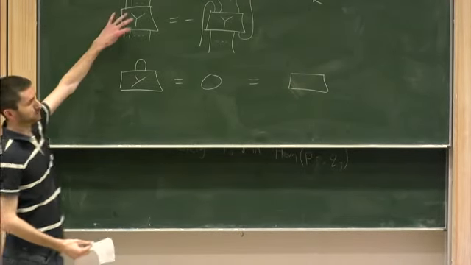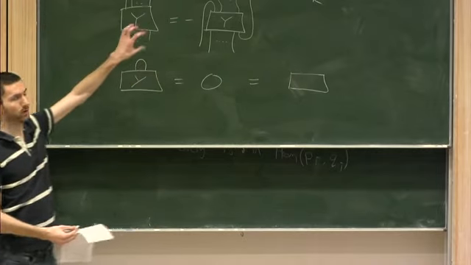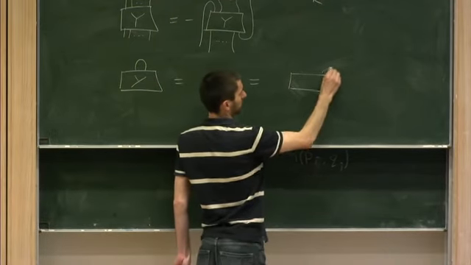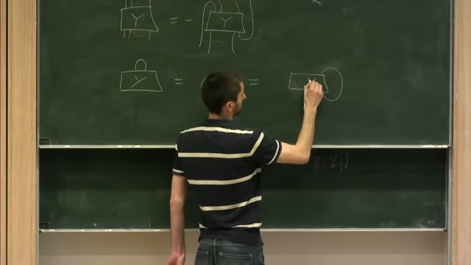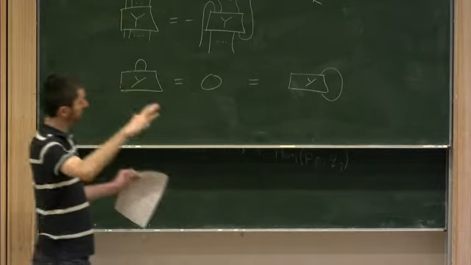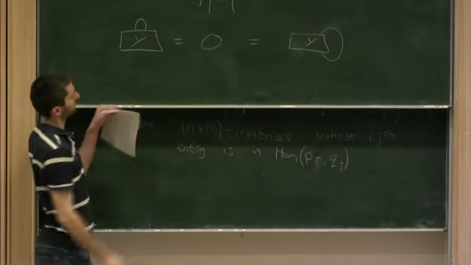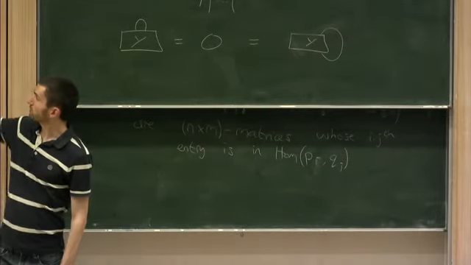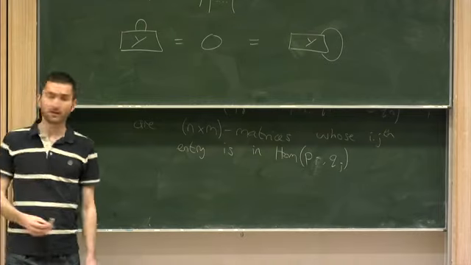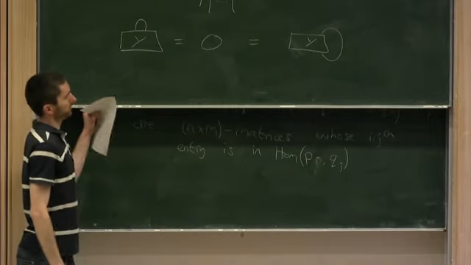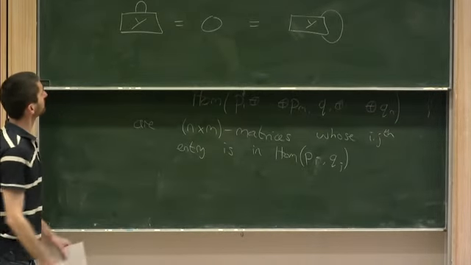In particular, because by this relation we can rotate y, this is even true if we put a cap on the end. So this relation is sort of true for these Jones-Wenzel, or these generalized Jones-Wenzel projections, but this one would not be true there.